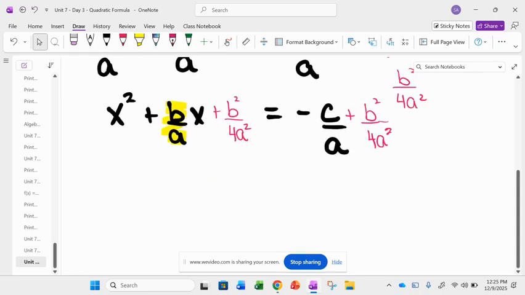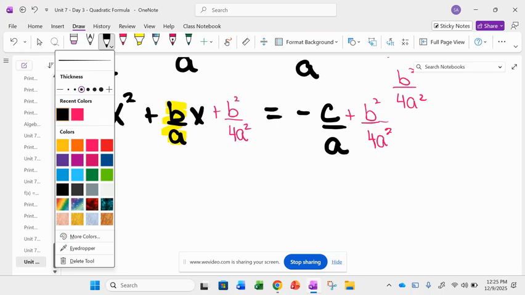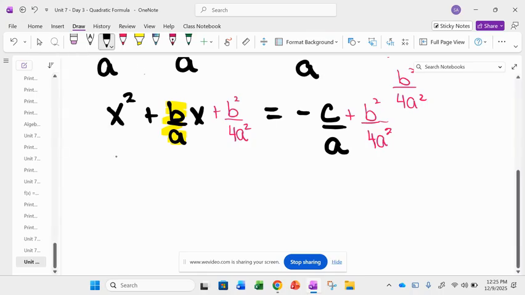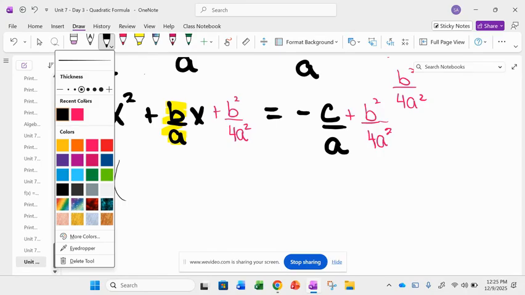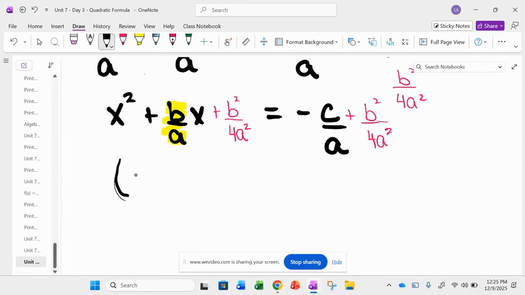Now we're going to factor the left side. And if you guys remember when we were completing the square and we were factoring, this ended up being a perfect square trinomial. So to factor it, we're just going to take x plus the square root of that last term. So we're going to have x plus b over 2a quantity squared equals, now in order to add these, don't I need a common denominator? So I'm going to multiply top and bottom by 4a to create that common denominator.